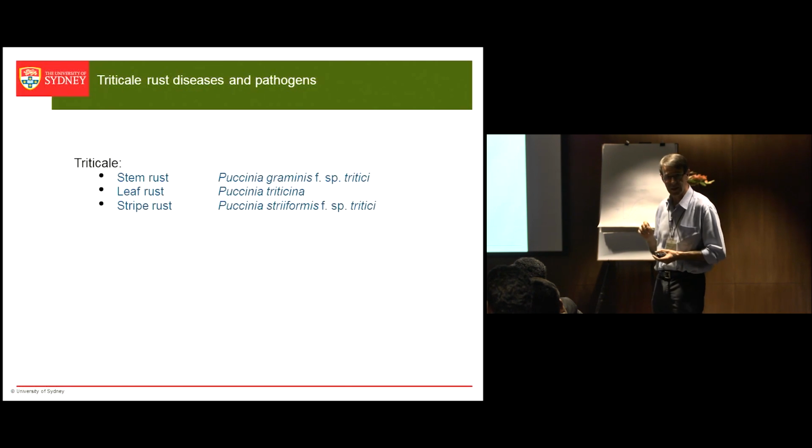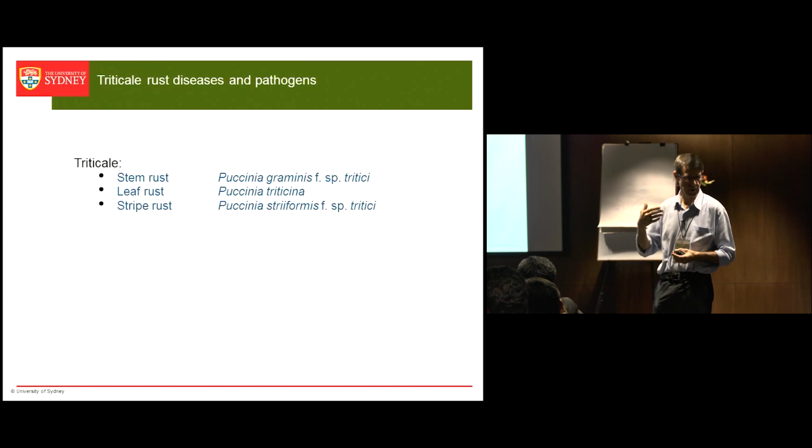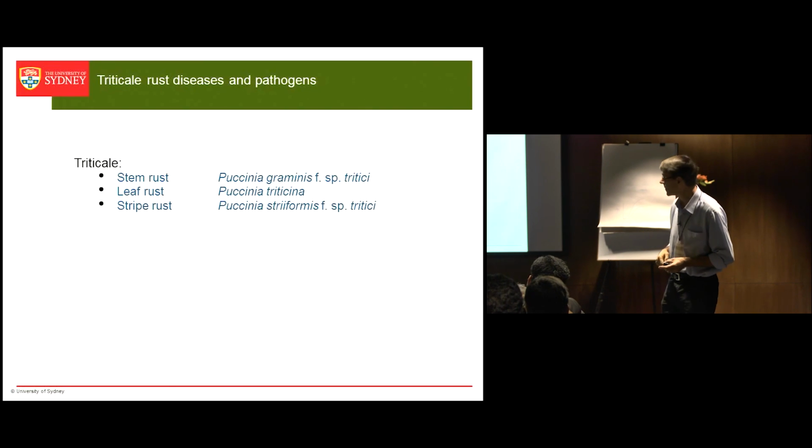The interesting thing with triticale is it's affected by all three wheat rust pathogens. So it gets stripe rust caused by the wheat stripe rust pathogen. It does get stem rust caused by the stem rust pathogen of wheat. We've seen this in both South Africa and in Australia, where we've seen adaptation in wheat stem rust for triticale.